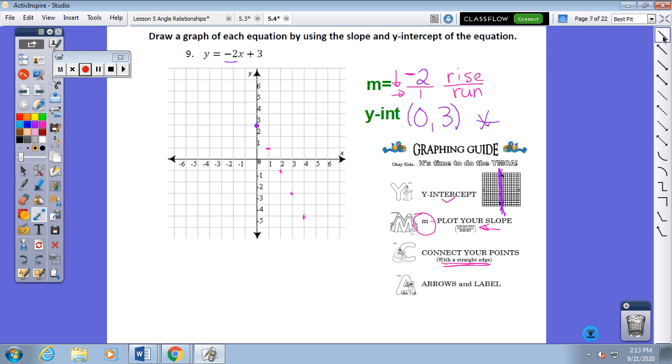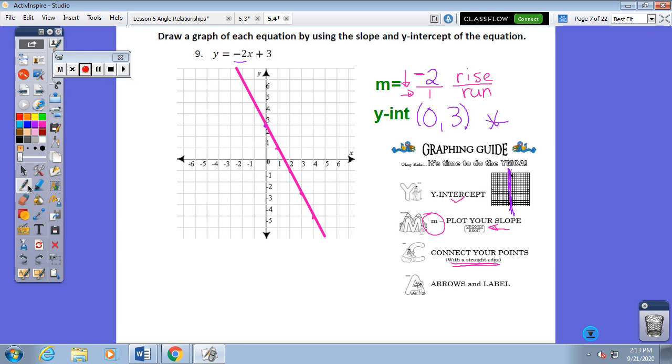Connect your dots. And then the A tells you to put arrows and label it. Put arrows on both ends. There we go. YMCA graphing.